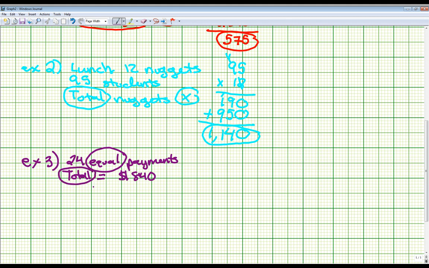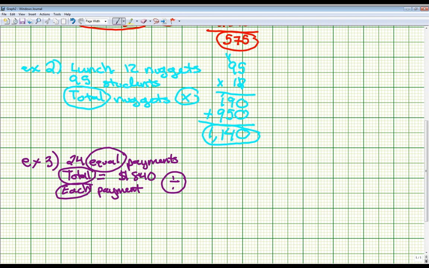Before we used multiplication and addition. This one is going to be division. And the last thing it says is find each payment. We want to know what each payment is. So this special word here, each, is what we're going to use. So this all tells us that we are going to be using division for this one.